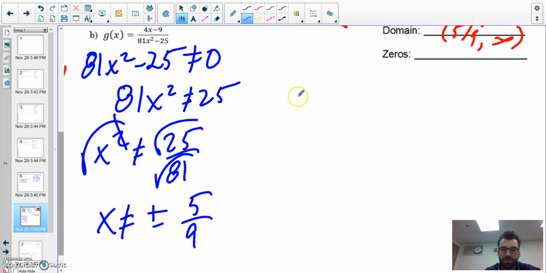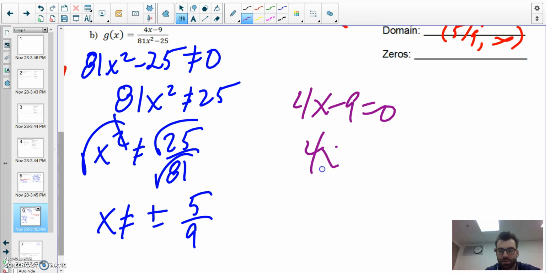To find my zeros, I set my numerator equal to 0 and solve. All right. A common mistake that people make is they always just set this one and make that 5 over 9, comma 0. Do not do that. Set your numerators at the top equal to 0 and solve. Okay. Our denominator cannot equal 0.